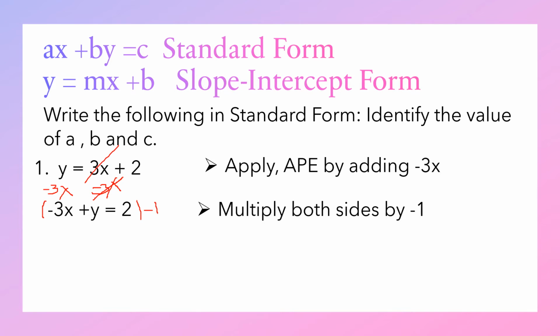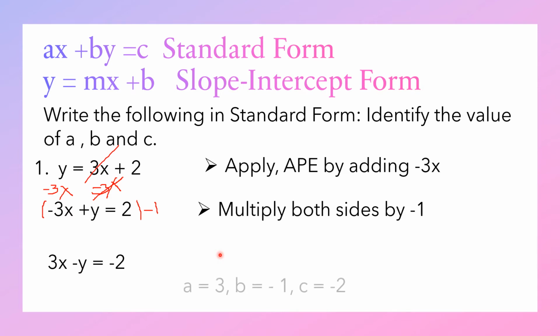Negative 1 times negative 3 makes positive 3. And negative times positive, maging negative ito. So, para mo lang siyang pinalitan sa opposite sign niya. So, meron na tayong 3x minus y is equal to negative 2. So, napansin nyo, multiplying by negative 1 is just simply changing the sign.